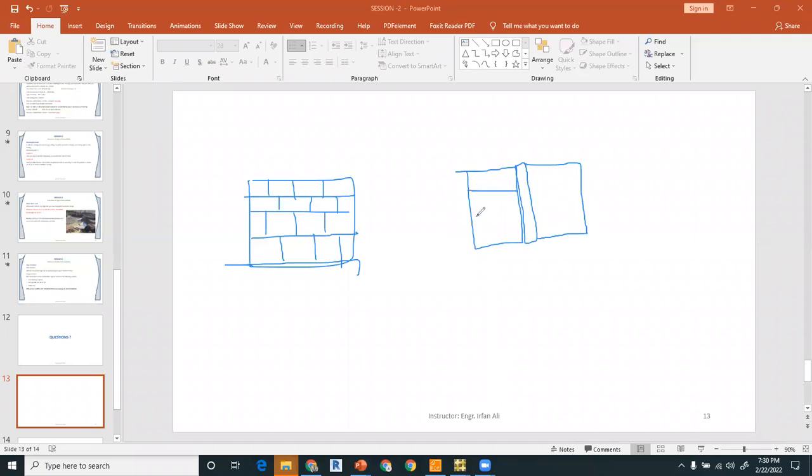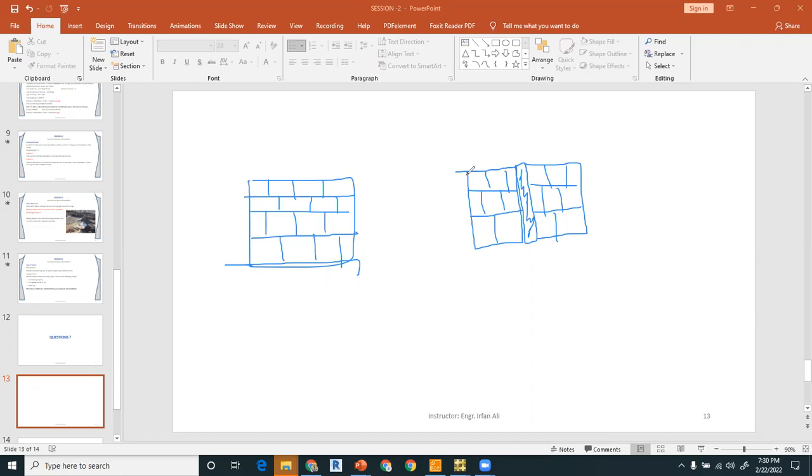So these are the walls, right? So this is the brick, you can see these are the bricks and this is the column. So when you provide column in between the junction of the two masonry walls, it becomes the confined brick masonry.